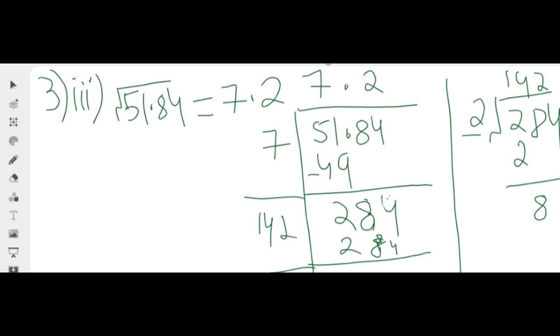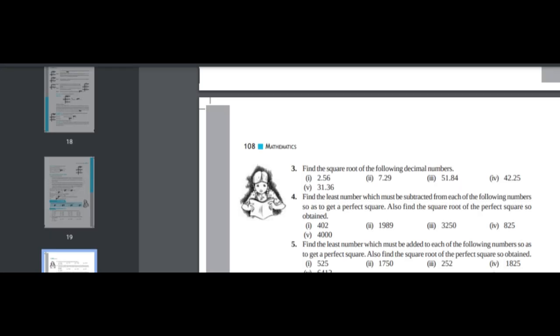Yeah. So the 5th part says 42.25. Is it? Yes. No, the 5th part is 31.36. 31.36. So the 31.36 will be here.